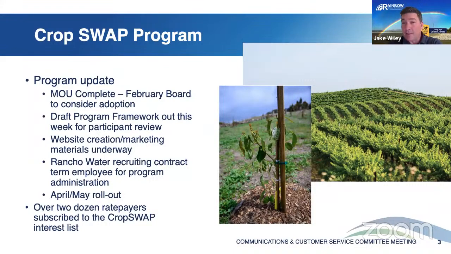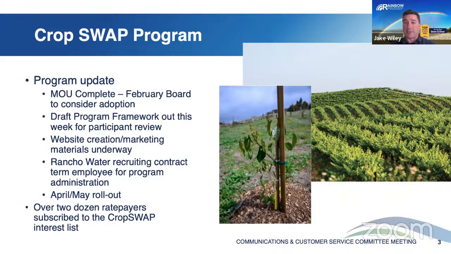They've got $5 million in grant funding they secured from the state, and want to make some adjustments to the program. I think they're really good adjustments. There are still significant incentives for an actual swap to a different crop type, but also swapping avocados for avocados.